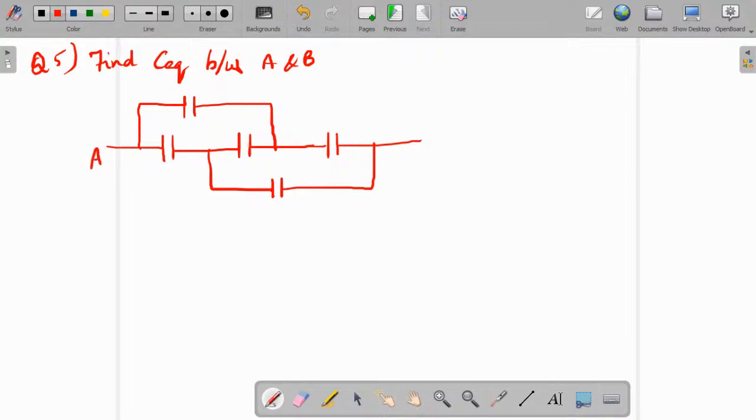So this is A and this is B. All are 0.1 microfarad.